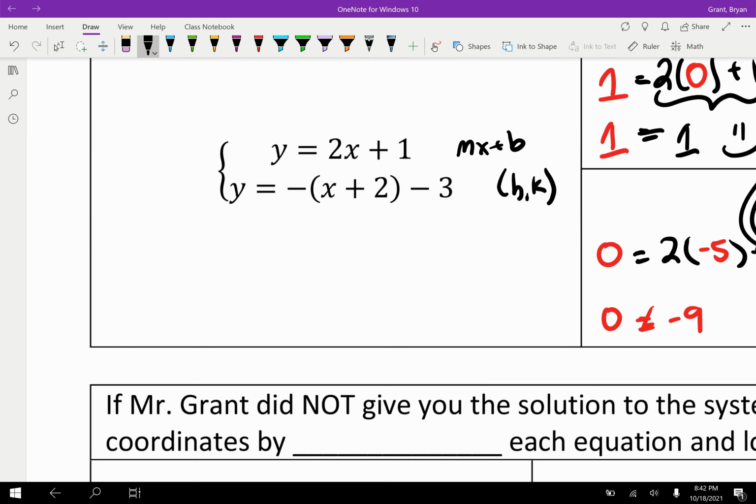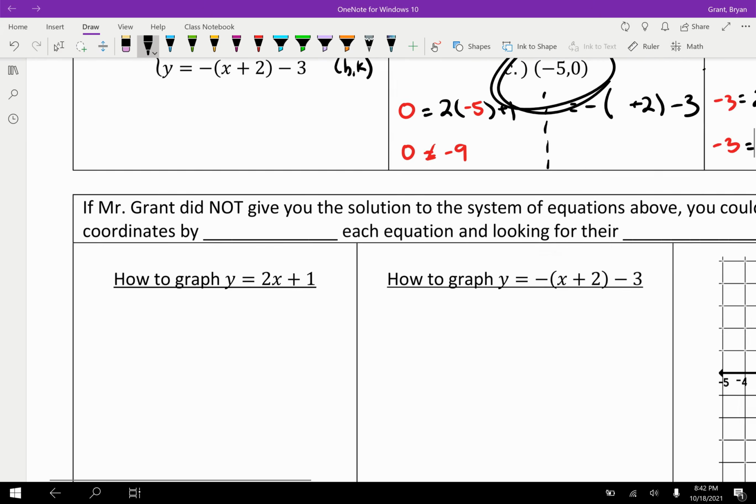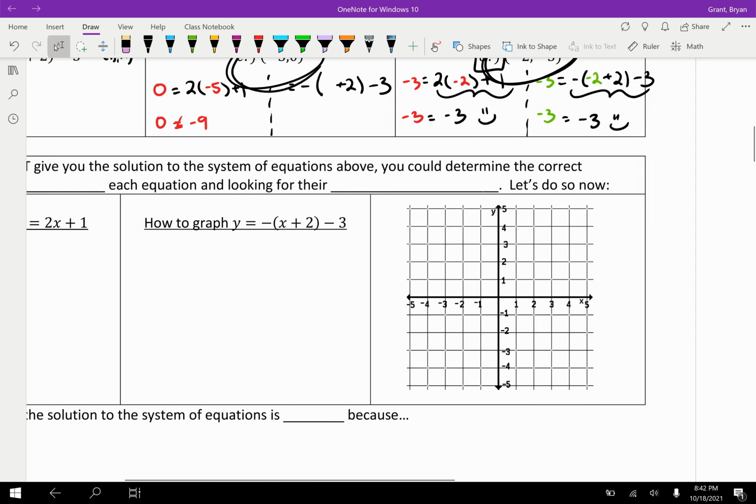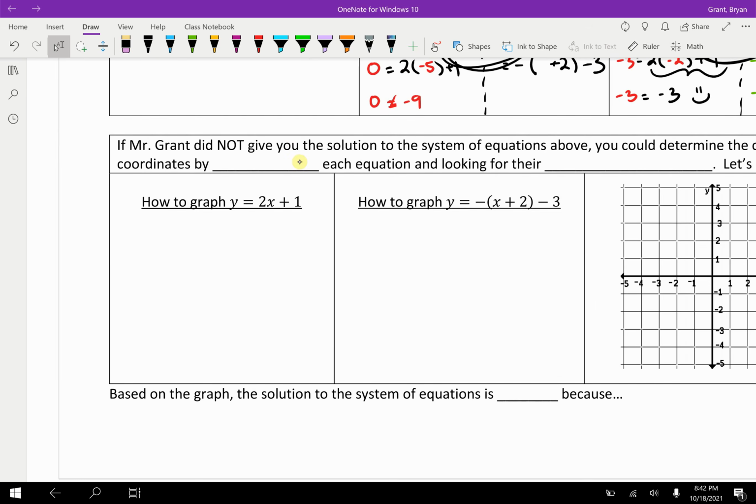And those might suggest graphing. And if you were thinking graphing at all, kudos to you, because it turns out that you can solve a system of equations by determining the correct coordinates by first graphing each equation.